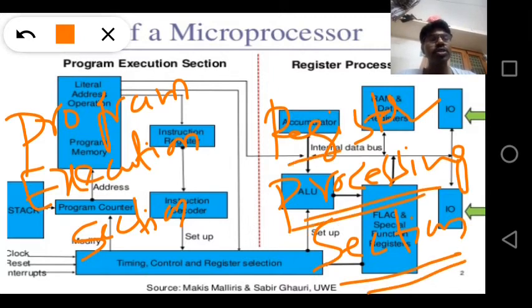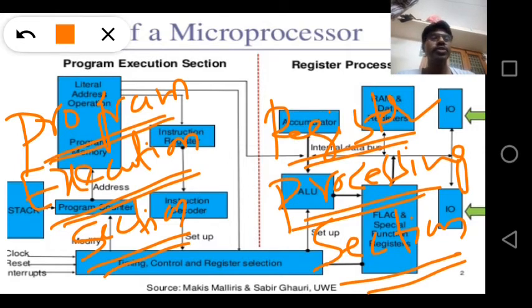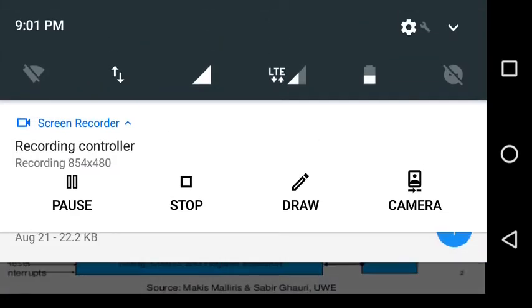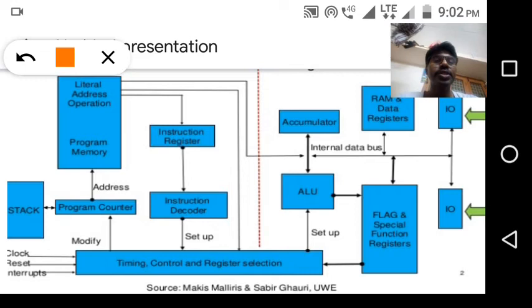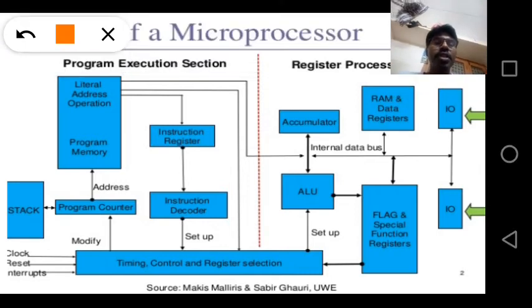This is called register processing. This is called program execution section. The program execution section contains, I'll repeat once again, a stack, which follows the principle of last in first out, or first in last out.